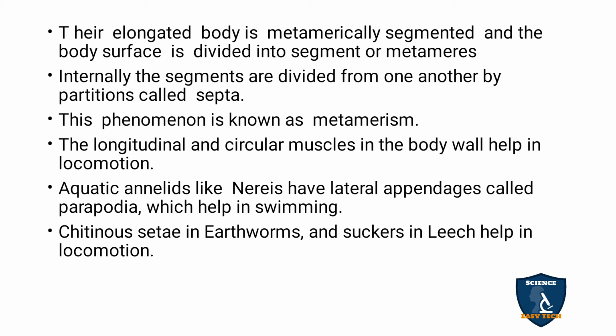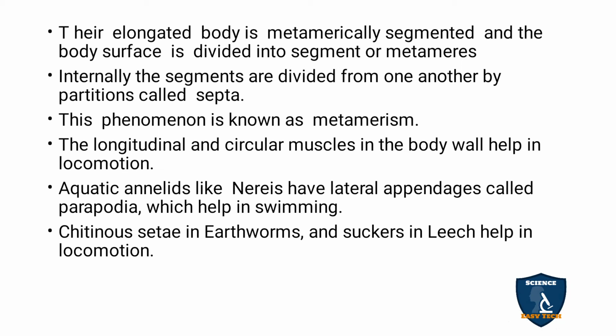If they ask about metamerism, you have to write these 3 points: the body is metamerically segmented and divided into segments or metameres, and the inner side of the body is also divided, that is, internally it is also divided, forming septa between each segment. This phenomenon is known as metamerism.